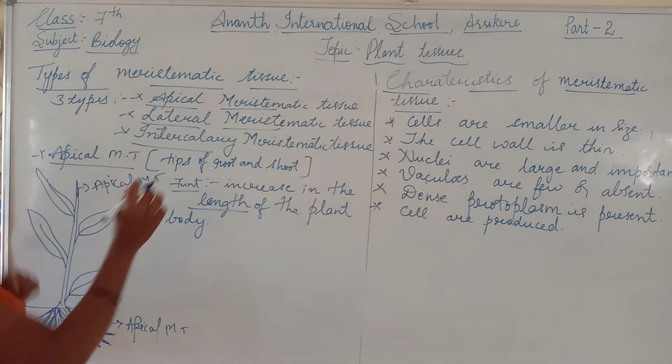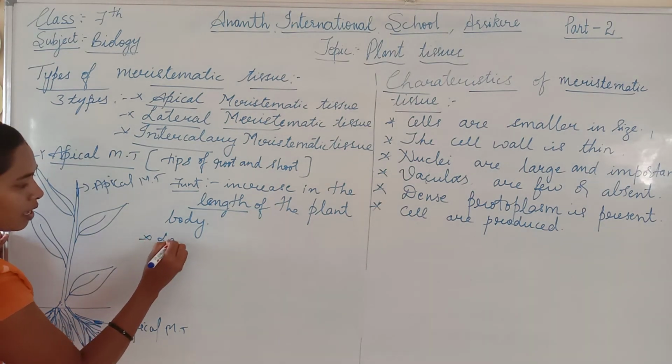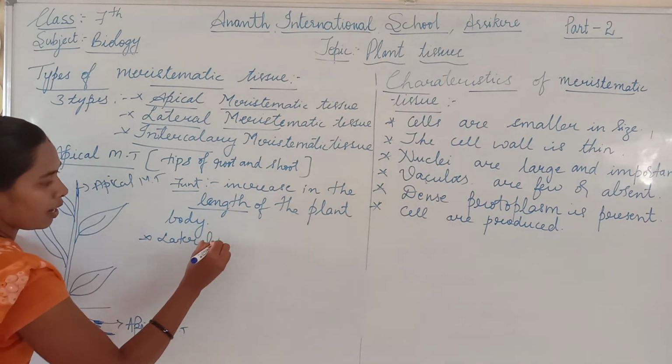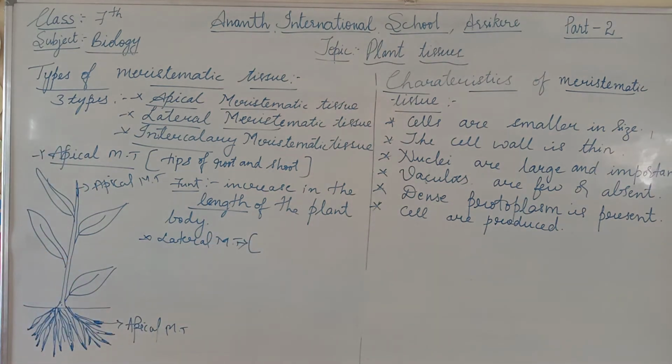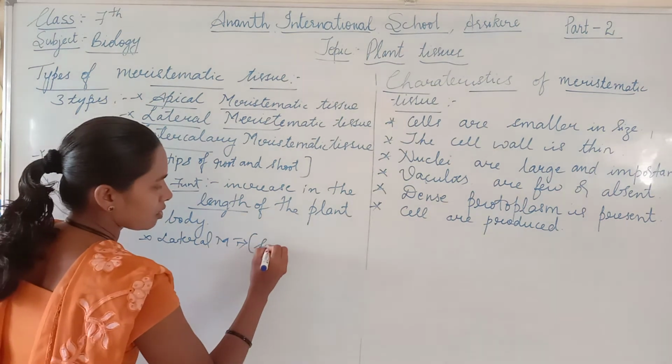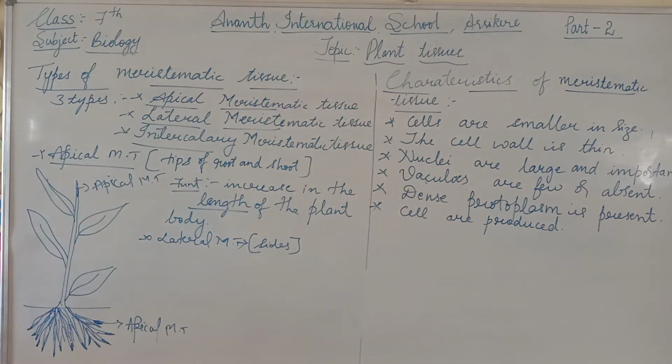Then the second one, that is the lateral meristematic tissue. Where is the lateral meristematic tissue present? This lateral meristematic tissue is present in the sides of the shoot as well as in the root.